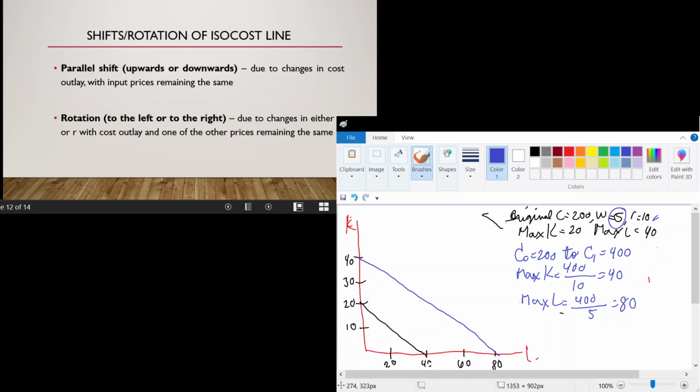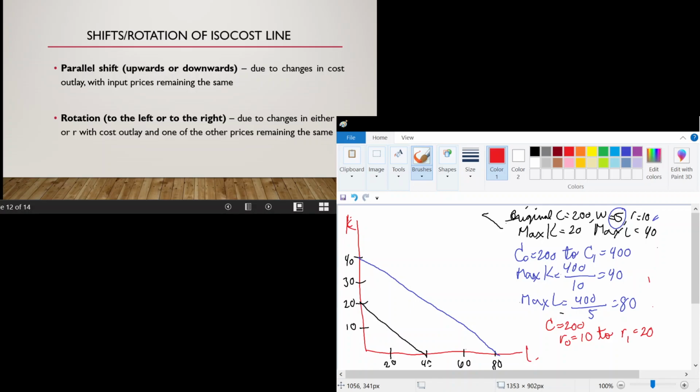What about if there is a rotation? So, rotation daw due to changes in either W or R. So, for example, there is a change in, so same lang yung C natin, which is 200. And then yung R natin, for example, from 10 to 20. Okay?